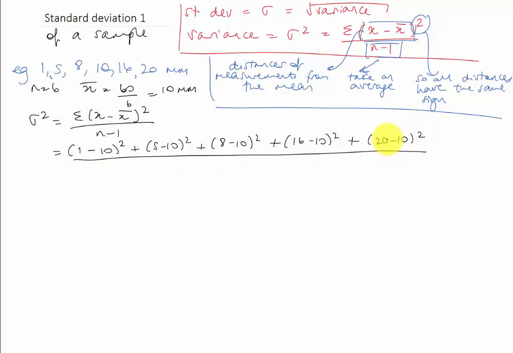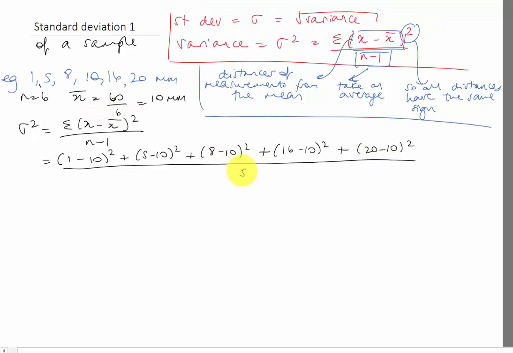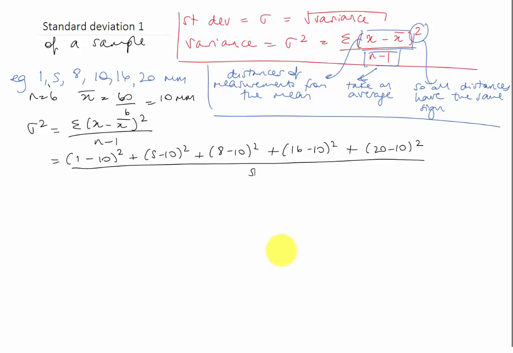And that whole thing we're going to divide by n minus 1, which is 5. Okay, so that's how I'm putting into action this formula here. So that means, I'm just going to work through this. That means this is minus 9 squared, plus minus 5 squared, plus minus 2 squared, plus 6 squared.